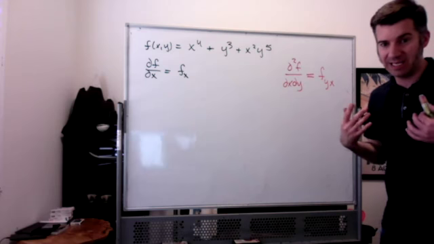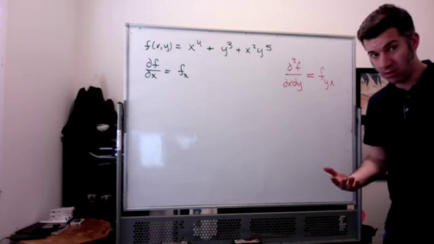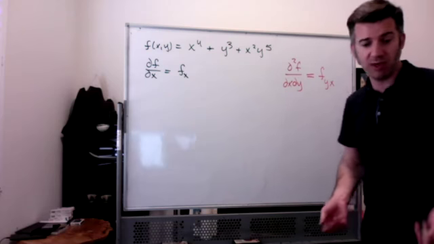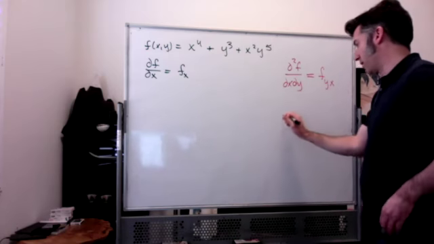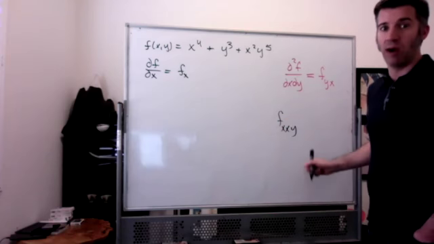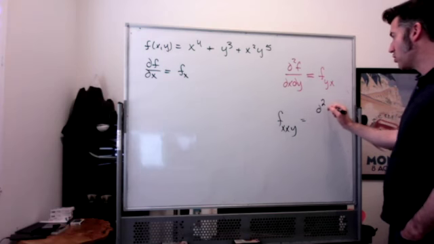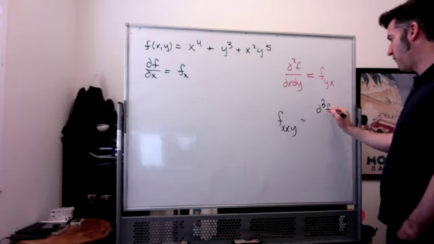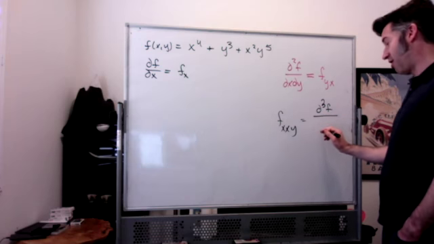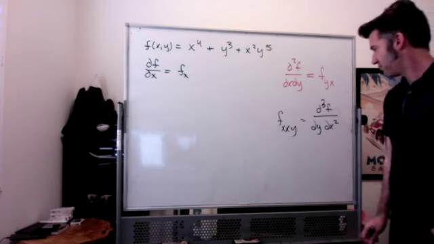Now, what's nice is that for the mixed partial, it usually doesn't matter because most of the time they do end up being the same. But someone could ask you to do like f, x, x, y. And then you do y first and then x, which would be the same as del cubed f del y del x squared.